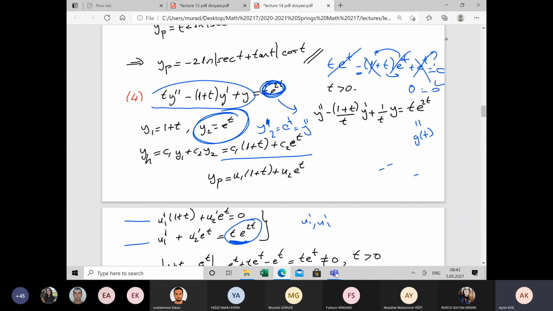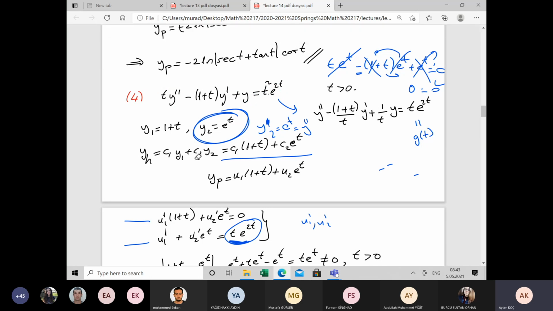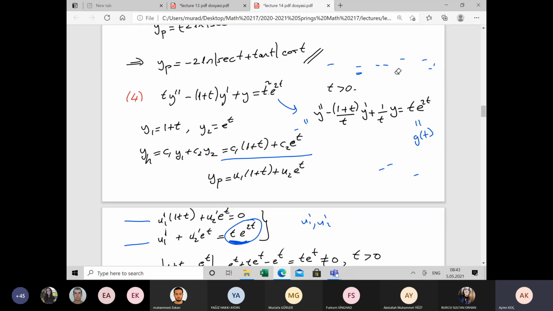Next part: find the particular solution. If we have two fundamental solutions of the homogeneous equation, it is easy to get the form of the particular solution.